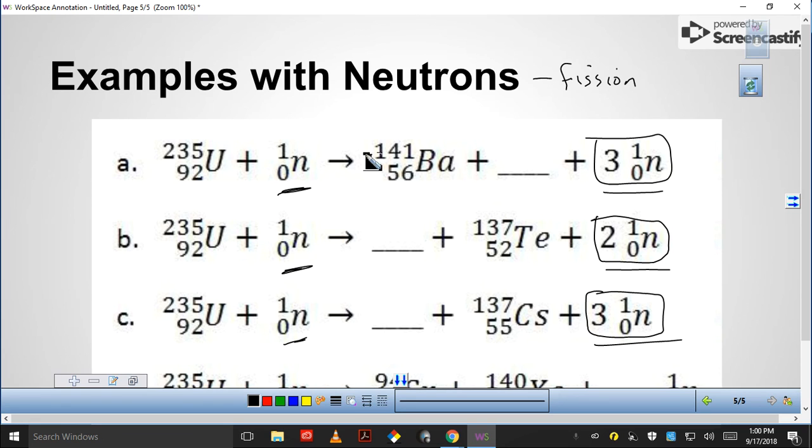So tops and the bottoms have to add up. So we have 92, 0, 56. So 92 minus 56, do that over on the side. 36 goes down here. And if we look up element 36, that's krypton. Now we have to be careful over here. There's 3 of these.